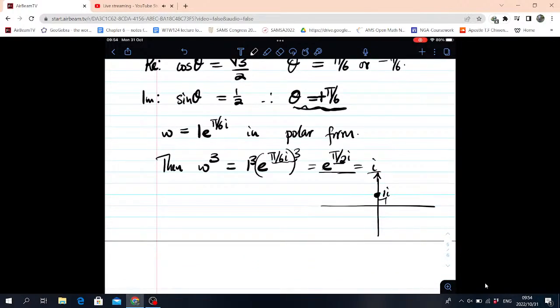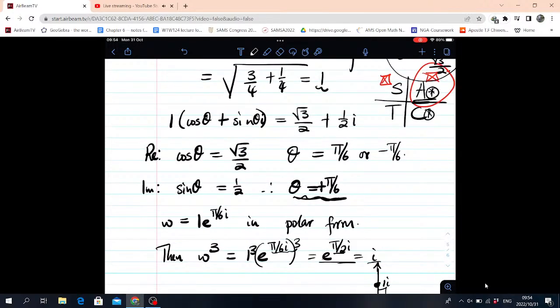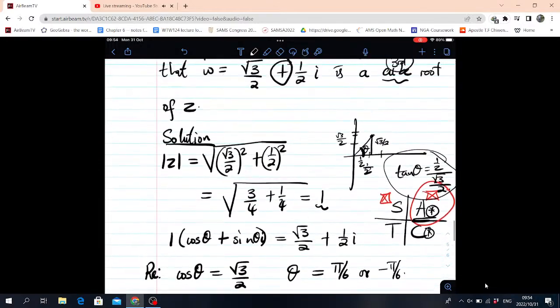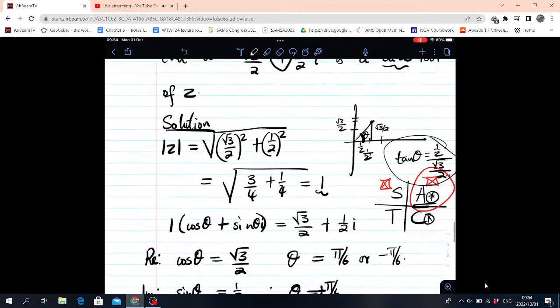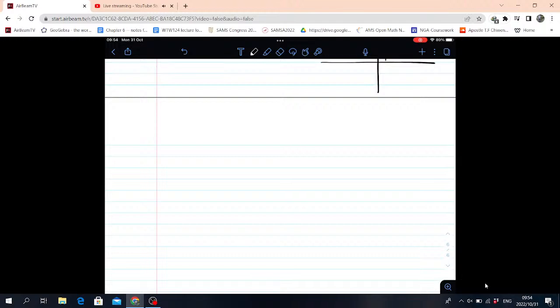Now the question that comes is, okay, so we found out that this complex number is actually a cube root of z. So the question that should follow immediately is, are there more cube roots of I? So we know one works, which we were given. Are there more? And the next question is, how many if there are more?